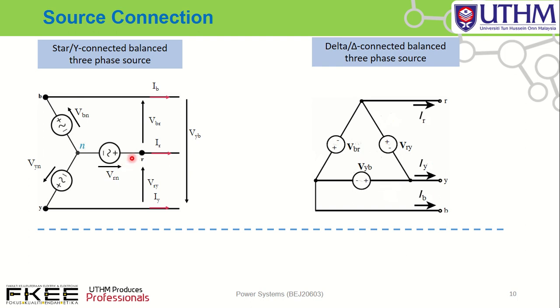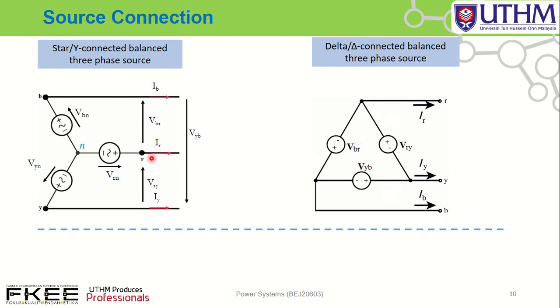The voltage, the potential difference between R and neutral. We call it VRN, VYN, and VBN. These are the terminals: red, yellow, and blue. This is the current: I red, I yellow, and I blue, or IR, IY, and IB.